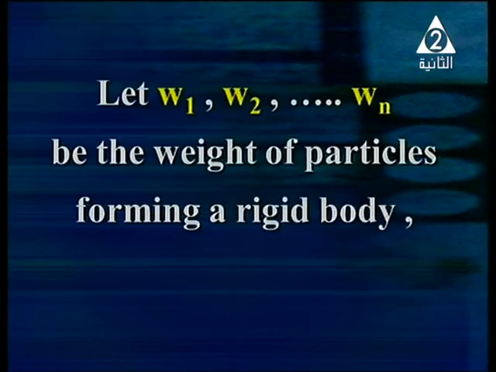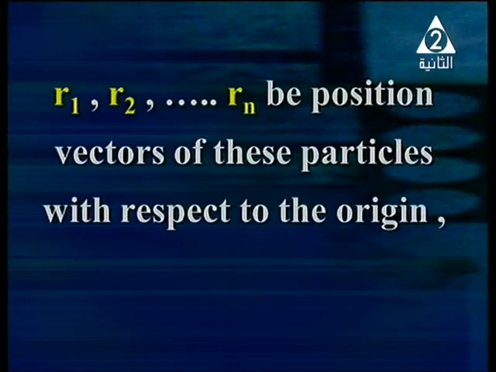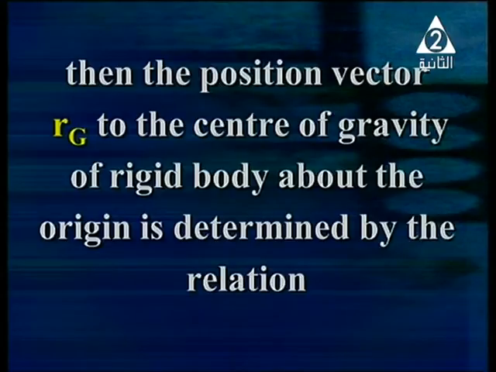If W1, W2 to Wn are the weights of particles forming a rigid body, each particle has weight W1, W2 to Wn, and r1, r2, rn are the position vectors of these particles with respect to the origin point, then the position vector, denoted by r small g capital, of the center of gravity of the rigid body about the origin is determined by the relation.